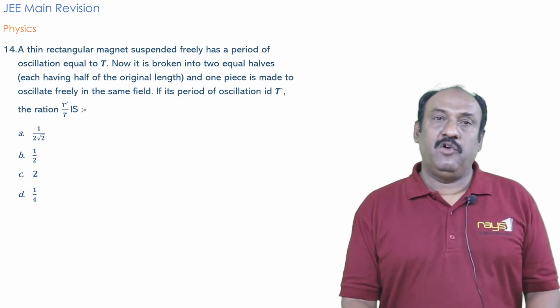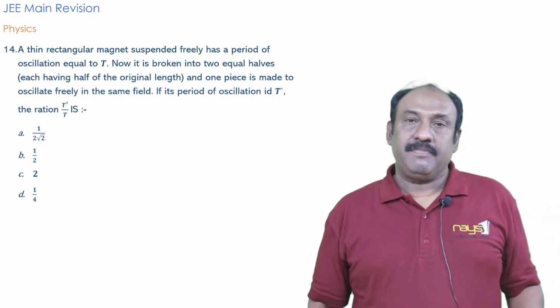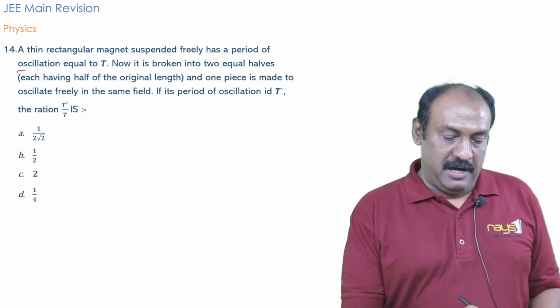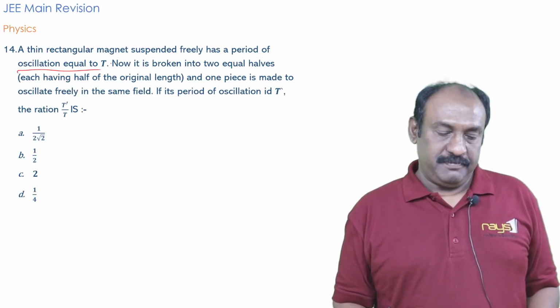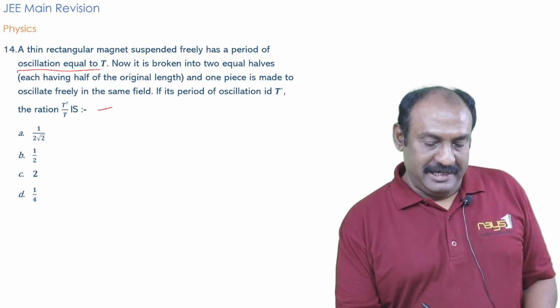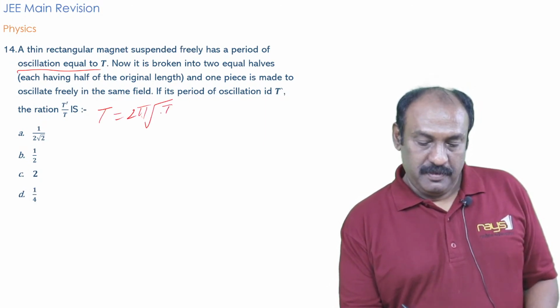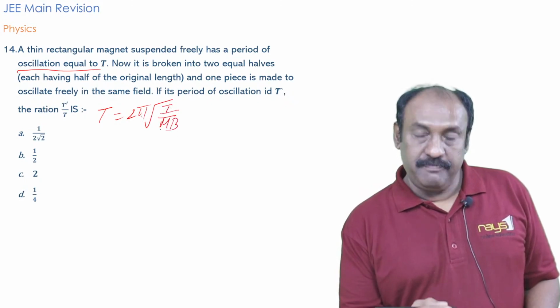Question number 14. A thin rectangular magnet suspended freely has period of oscillation equal to T. For a rectangular magnet, time period is T equal to 2 pi root of I by MB.